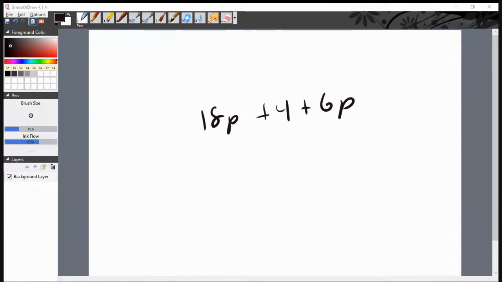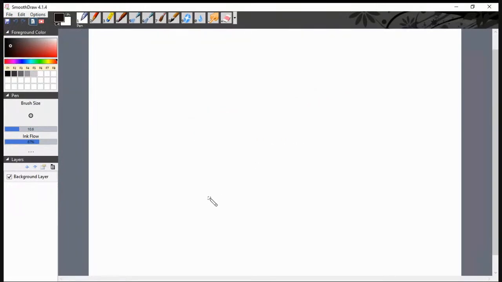Now, here's where it gets kind of tricky. Okay. So bear with me on this. When we're adding like terms with exponents, if we have 13w to the third power minus 6w to the third power, what is this simplified?